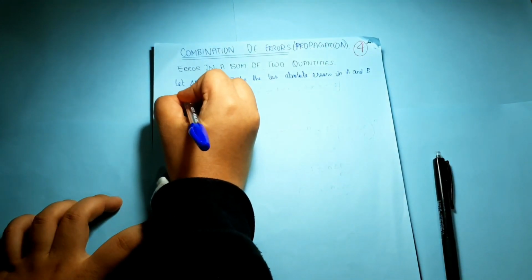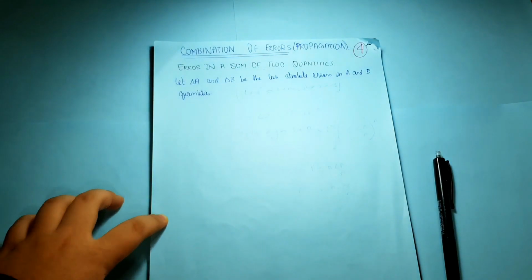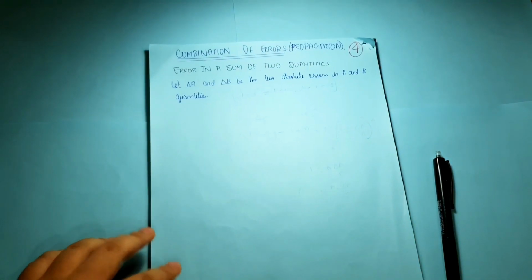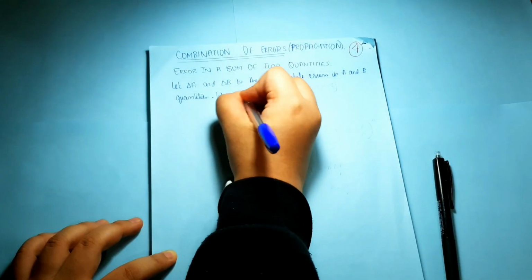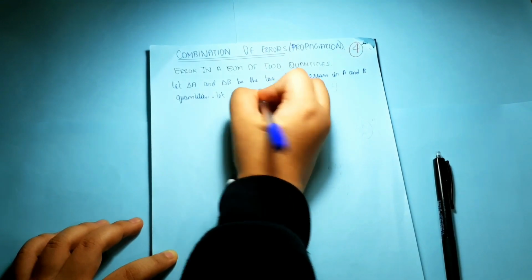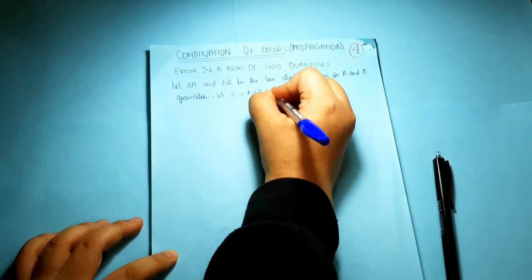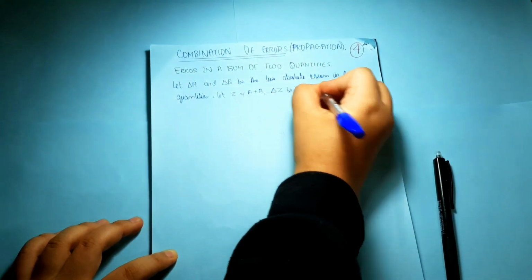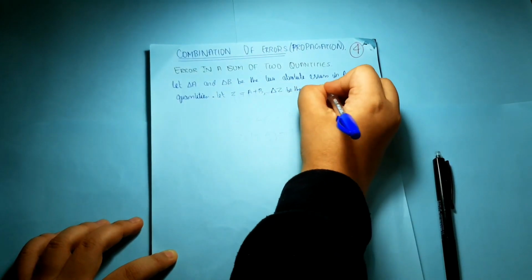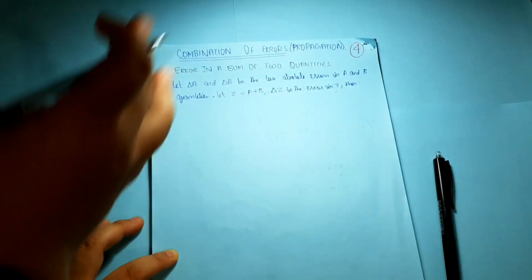What this basically conveys is that we have two quantities A and B, and they can have two errors with them, delta A and delta B. Then let Z be equal to A plus B, the sum of both of them. Even Z will have some error, so let delta Z be the error in Z.